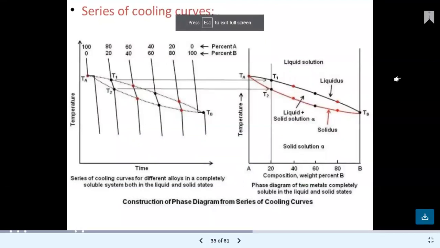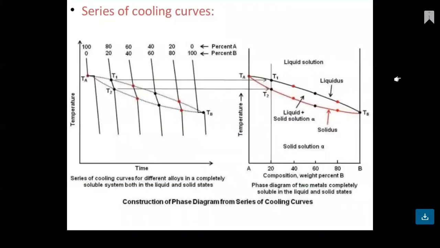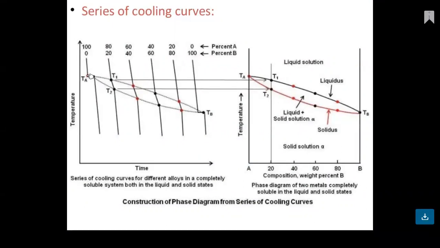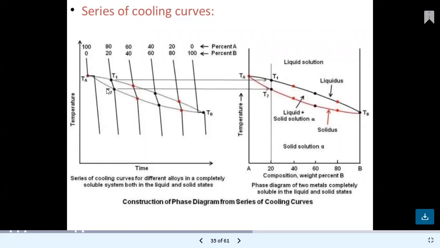Okay, in the last lecture we discussed the series of cooling curves, and now we'll see the next part. Here we obtain a curve like this, a time versus temperature diagram. This end is purely A, this is purely B, and in between is the combination.